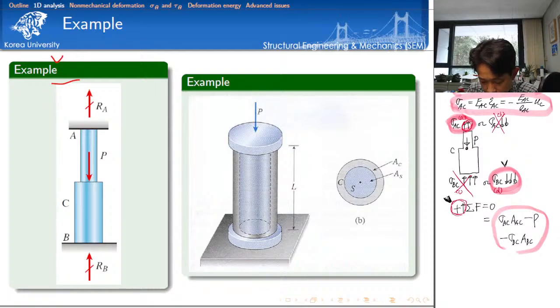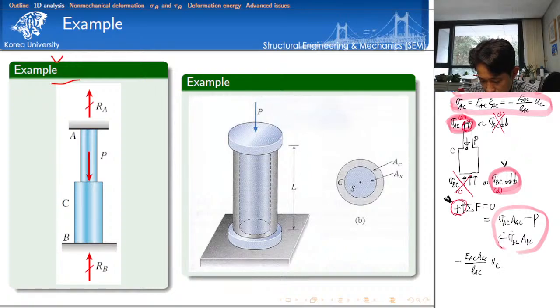So here, sigma AC is given by this equation. That's why minus elastic modulus of AC segment and the area of AC segment divided by the length of AC segment times nodal displacement.